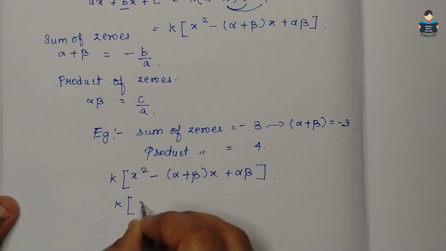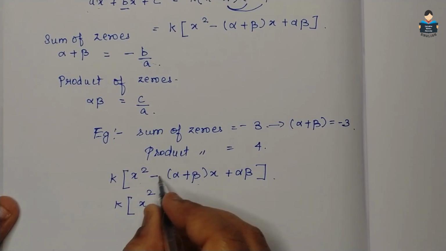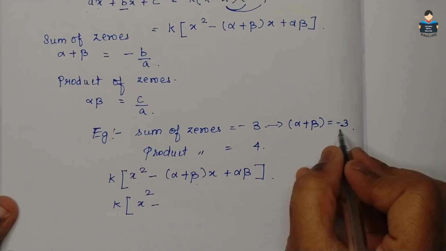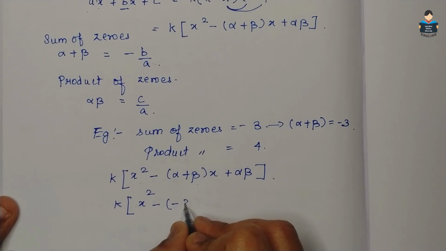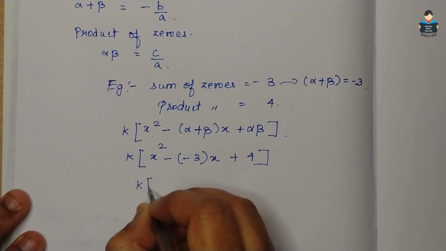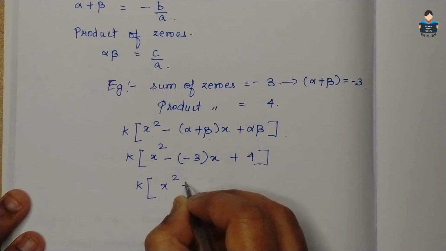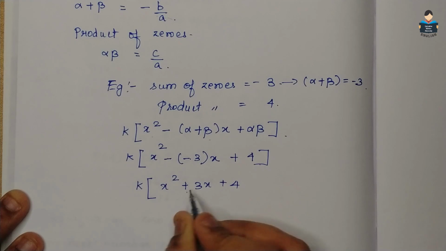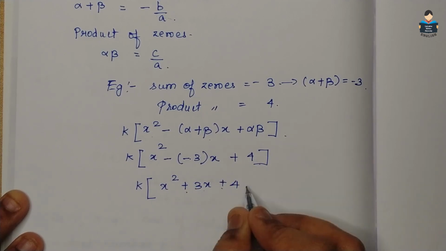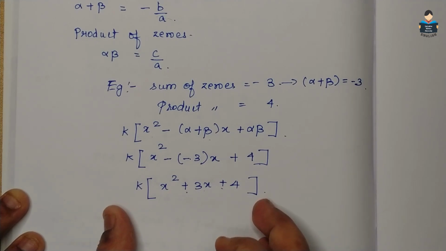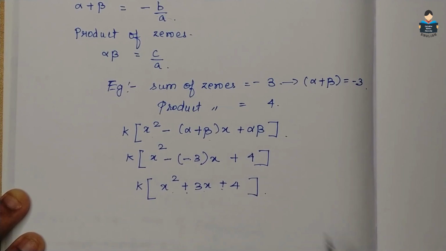So k into x square, I already have a minus sign in the formula, minus of minus 3 into x plus alpha into beta, which is 4. So I will be getting k into x square plus 3x plus 4. Here minus into minus is plus, 3 into x is 3x, plus 4. So the required quadratic polynomial will be of the form x square plus 3x plus 4.